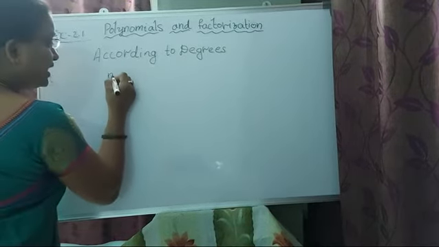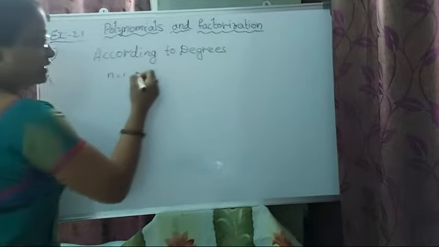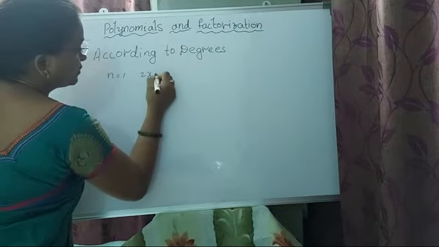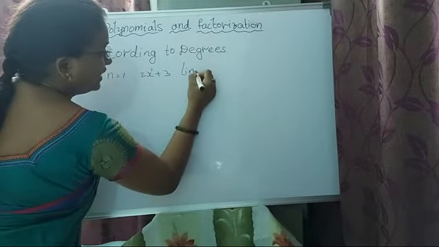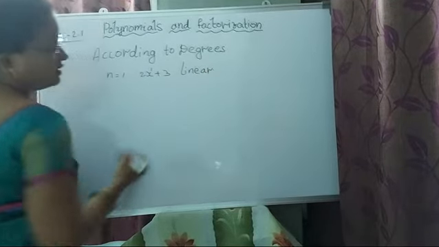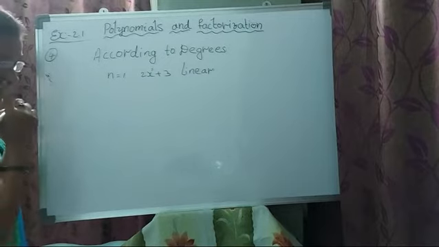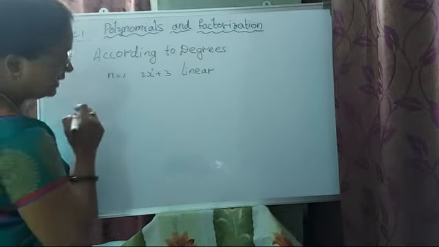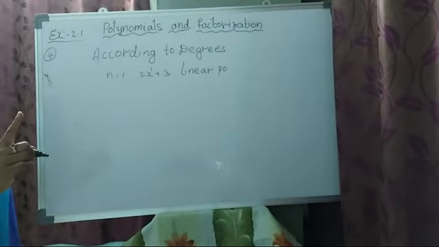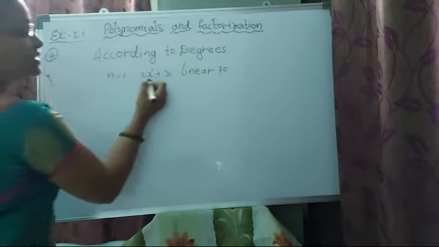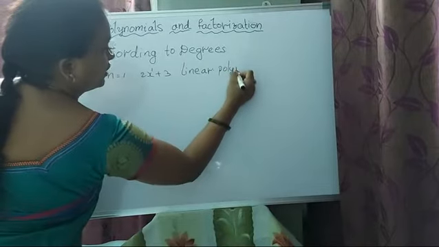If the degree is 1, that is 2x + 3, we call it a linear polynomial or linear equation. One term is also linear, two terms are also linear. This is a linear polynomial.